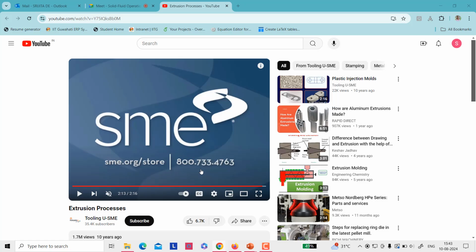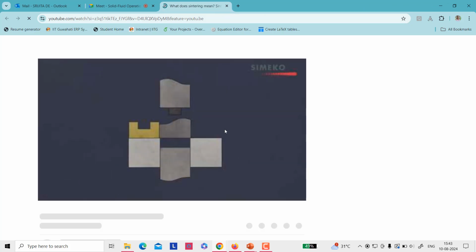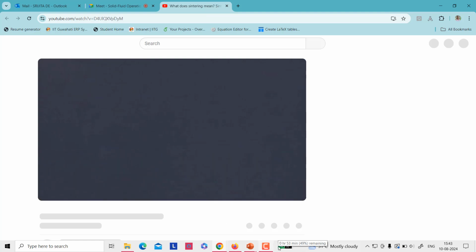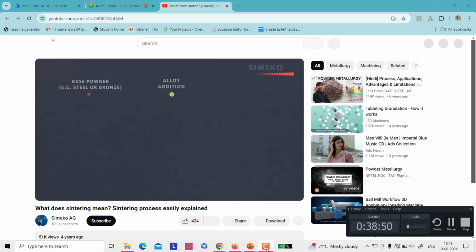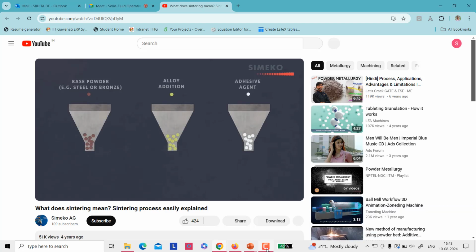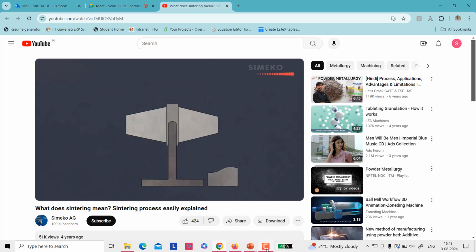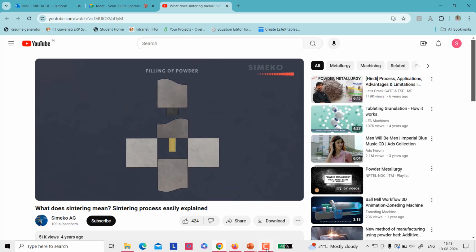Next is the sintering process. These are the different types of base powder, alloy addition, and adhesive agent. First the base powder is given, then the alloy is added, then the adhesive agent is added. Then it is pressed to create a particular shape.